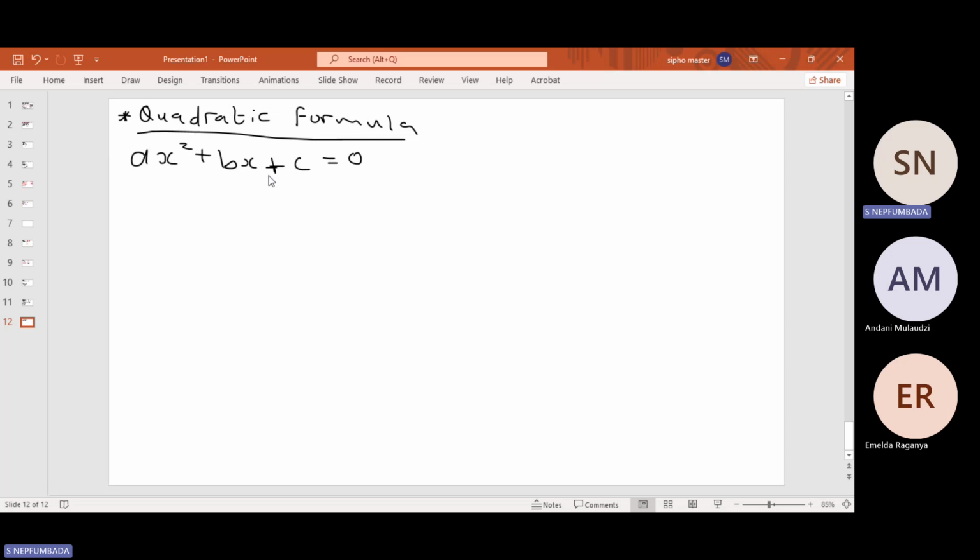Yeah, but on complex, we must keep on reminding you, you didn't do complex. So when we solved for x in grade 11, by completing the square, we get that x is equal to minus b plus or minus the square root of b squared minus 4ac.